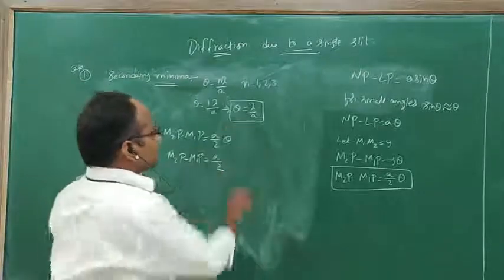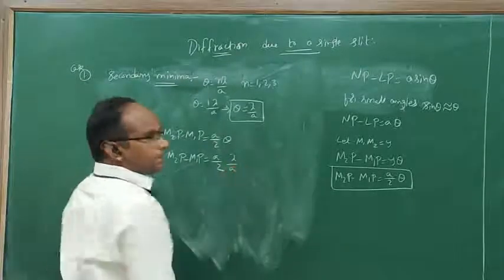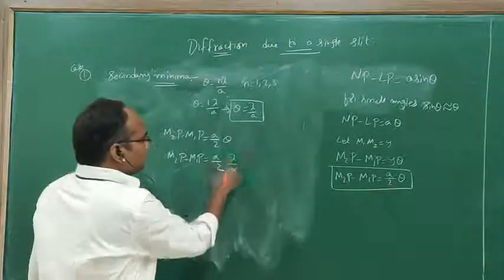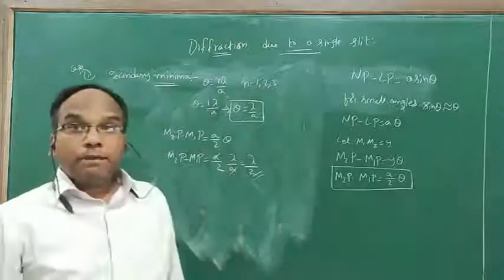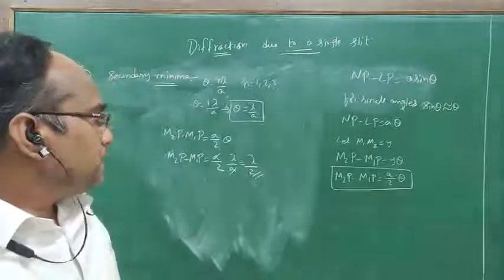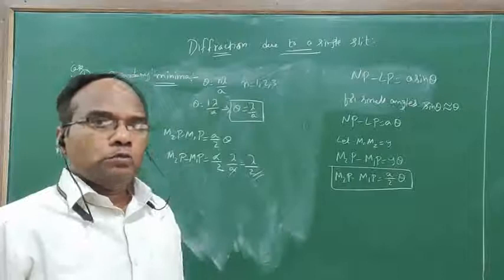So path difference is M2P minus M1P is equal to a by 2 into theta, and theta is lambda by a. So the a cancels. Therefore, the path difference is lambda by 2.